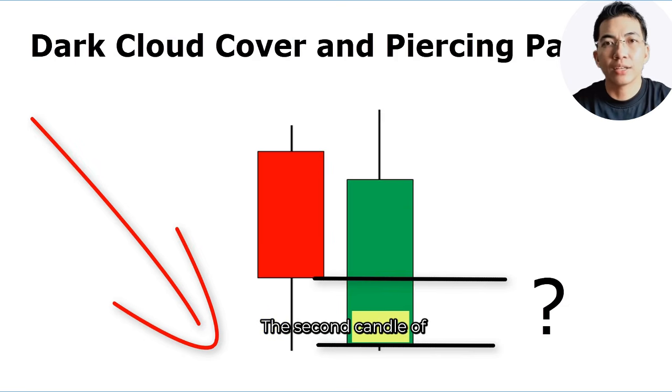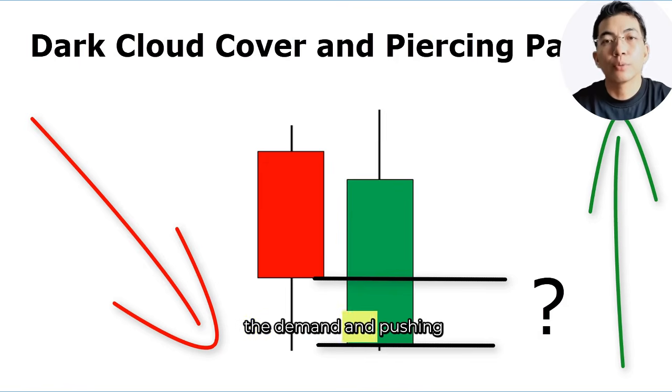The second candle of the pattern represents the answer. If the candle is able to fill the gap and also close into the real body of the first candle, that means that buyers found convenient the unexpected new price after the gap low, so they opened long positions at the new price, increasing the demand and pushing the currency pair higher.